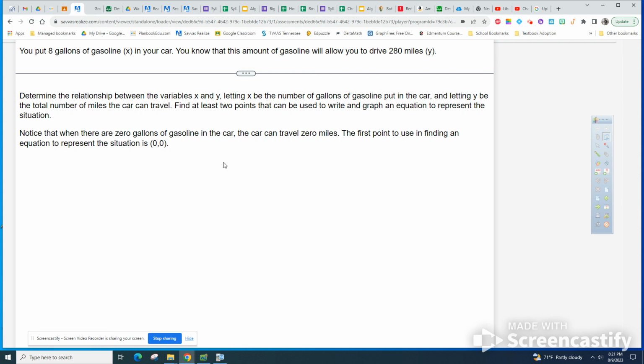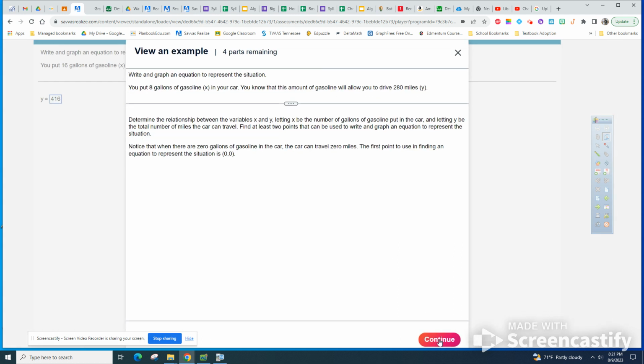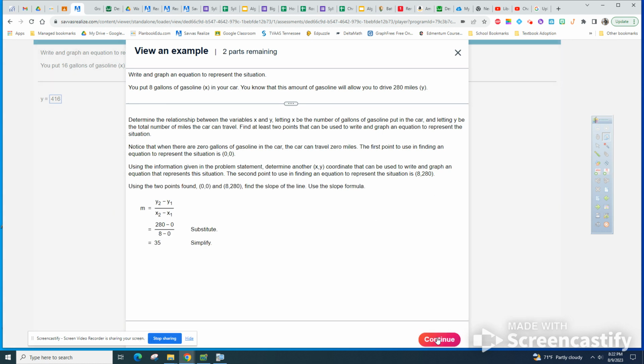First point to use to find that. Okay, so we're going to use 0, 0 as our first little point. Oh, so this is not exactly like the one we did in the book. So, okay. All right. That's what got me off. And the second one says, second point is 8, and then 8 gallons will give you 280 gallons. So that's 2 points. When you got 2 points, what are you going to do with it? You're going to do slope. How about that?